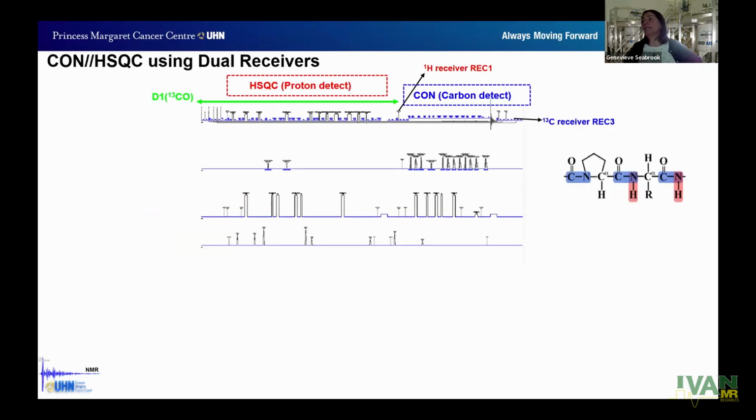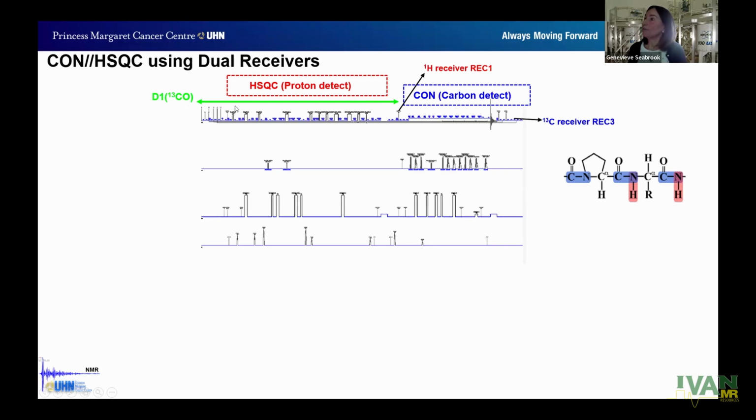So how does it work? It's very simple, actually. You've got first your HSQC, and then right behind, you've got the scheme for your CON. The way it works is that you use a first receiver to collect the proton signal, and then you use a second receiver to collect the carbon signal.